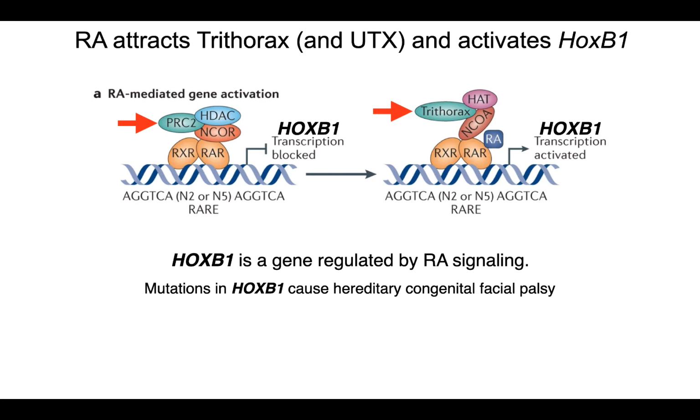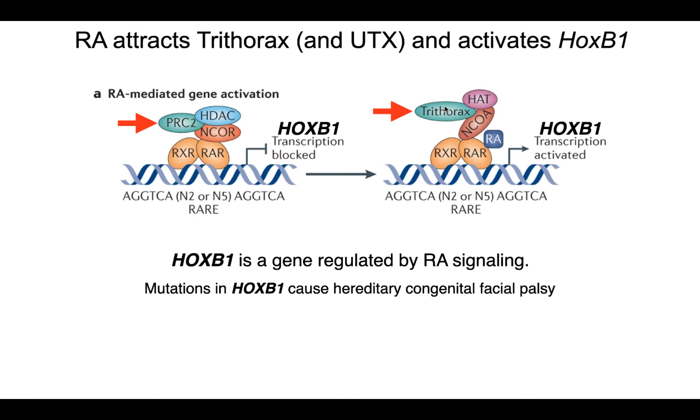Let's take a look at what question they're trying to answer by using RNA interference. What they have already shown in the paper is that retinoic acid leads to the activation of HOXB1. They have also shown via ChIP experiments that retinoic acid leads to the accumulation of trithorax at this particular region of DNA just upstream of HOXB1, and more specifically JMJD3 and UTX.